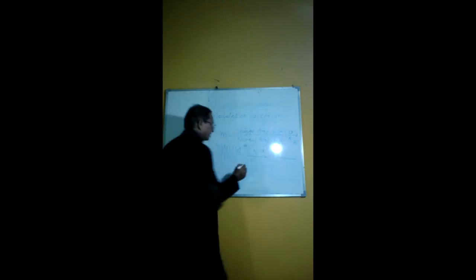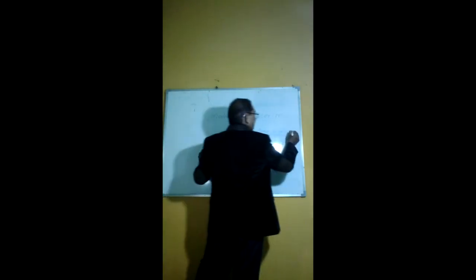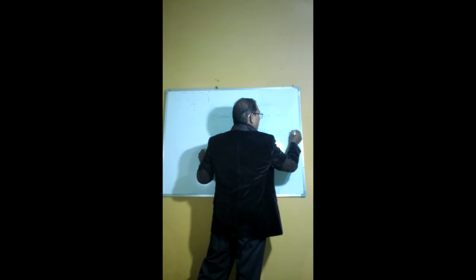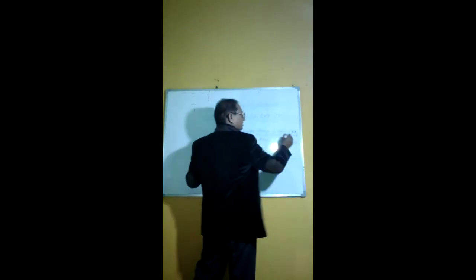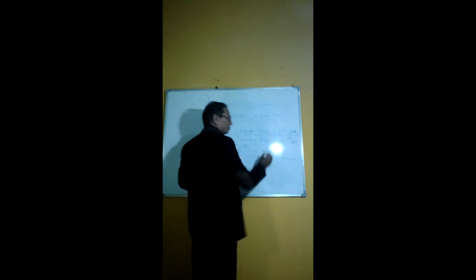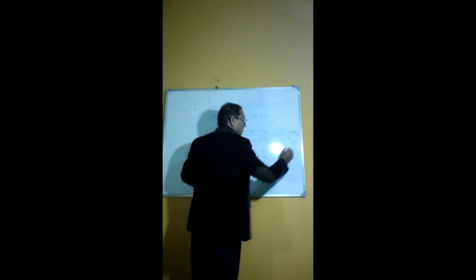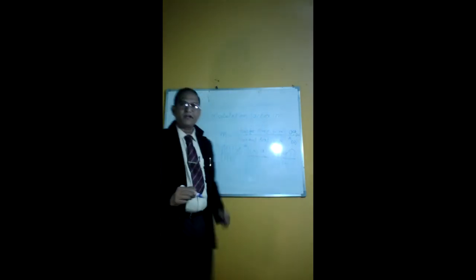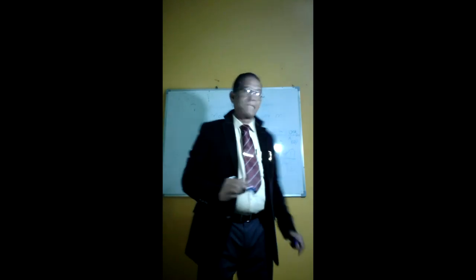So this will be 0.5 times A divided by A. This A will get cancelled, so that we get 0.5. Right? This will be 50%. So the modulation which we find is 50%.